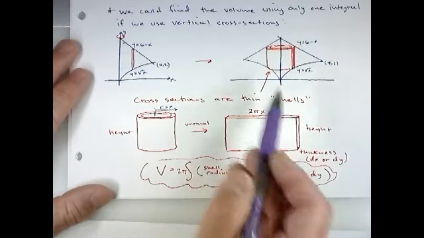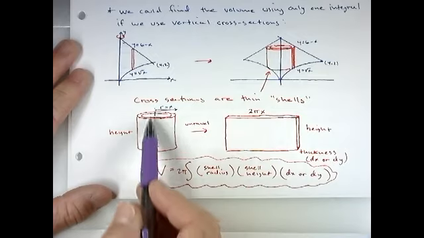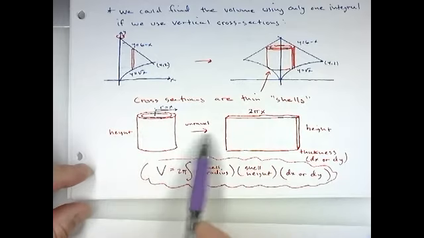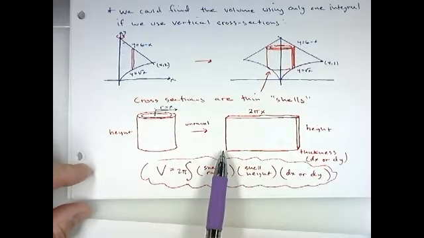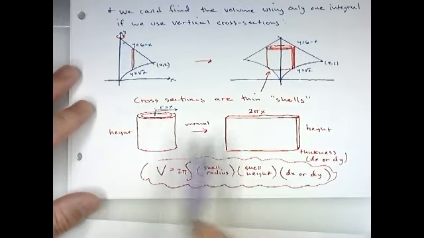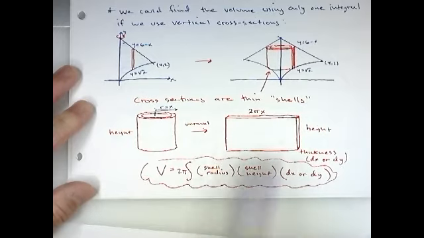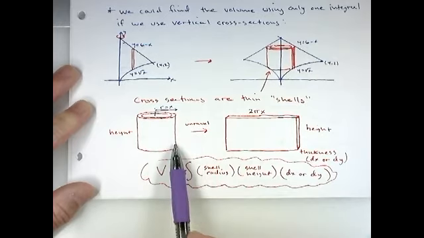Now, the volume of one of those thin shells: imagine this is a piece of cardboard. If you cut it right through here and unravel it, you're just going to see a thin rectangular slab. So the volume of a shell is like finding the volume of a rectangular slab, where this dimension would be the height.